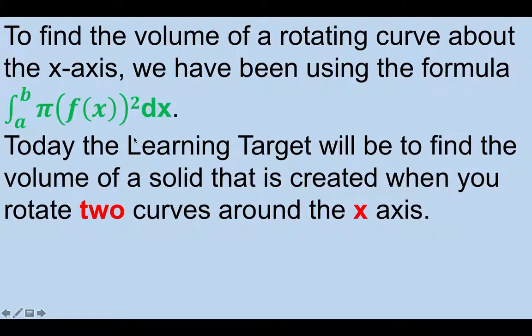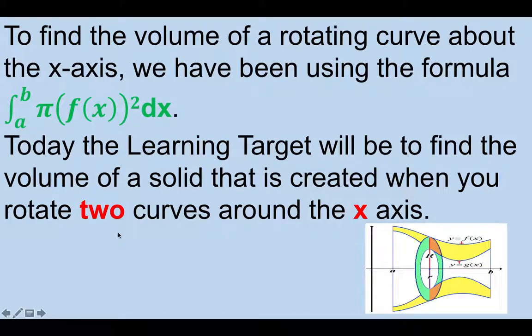But today's learning target will be to find the volume of the solid that is created when you're rotating two curves around the x-axis. So instead of one curve like this formula gives us, we're going to be doing two curves now. Here's a bit of a visual. This is my top curve, f of x. This is my bottom curve, g of x. If I rotate these two around, it doesn't show me the volume here, but it does show me the little circular surface area.